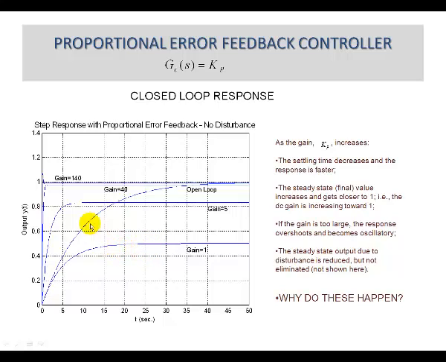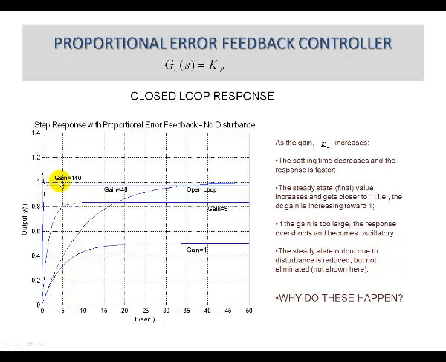Now, the other thing to notice is that as we went to a gain of 40, we had very nice, sharp and quick responses. But if we go really high to a gain, let's say, of 140, or higher for that matter, we get an overshoot and then an undershoot.